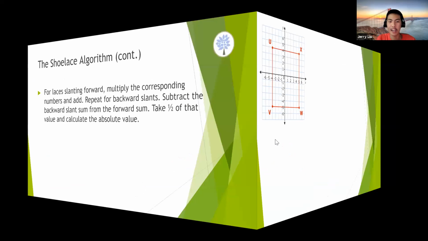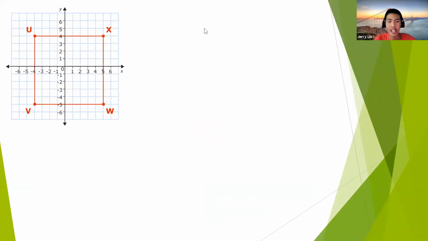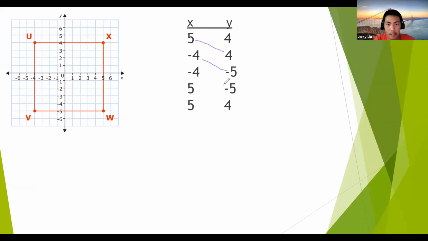So with the algorithm out of the way, we can actually try to verify this with that square that we did before. So like before, we would use our list of coordinates, and then we will draw laces, both up and down.